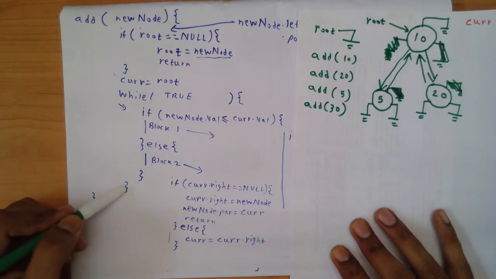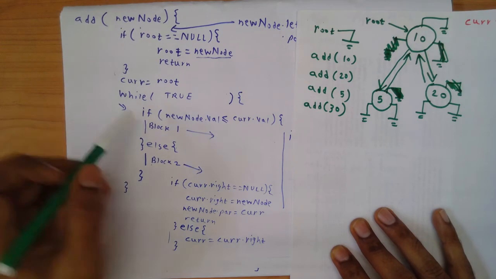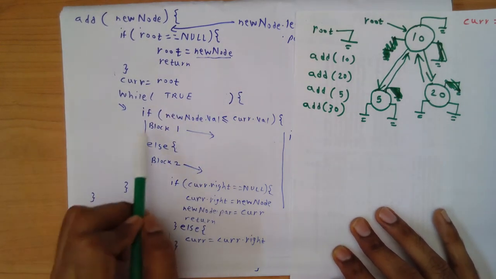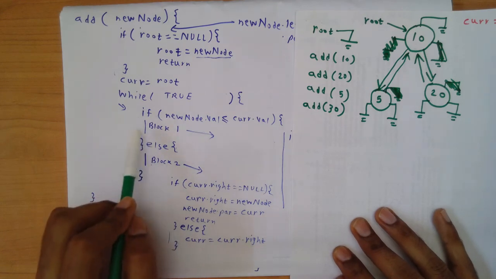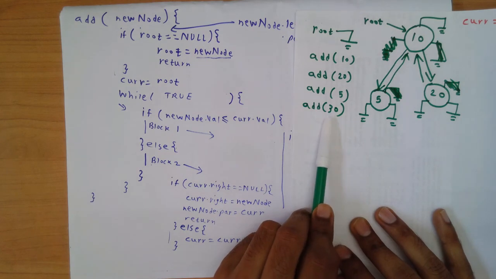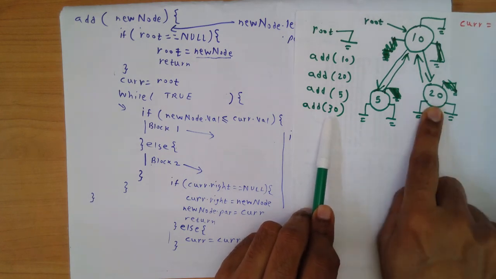Okay, so now my current is 20, and I finish this block. So I reach the end of the while loop. I go back to the loop. There is no condition to check because it's always true. So I come in and I ask the question, the new value that I'm trying to insert, which is 30, is it less than or equal to the current? Now current is 20. If I compare 20 and 30, 30 is greater.